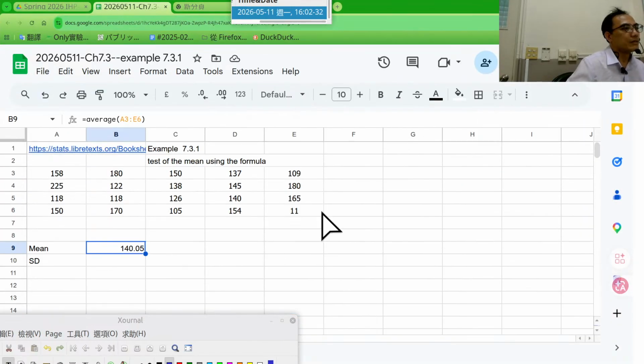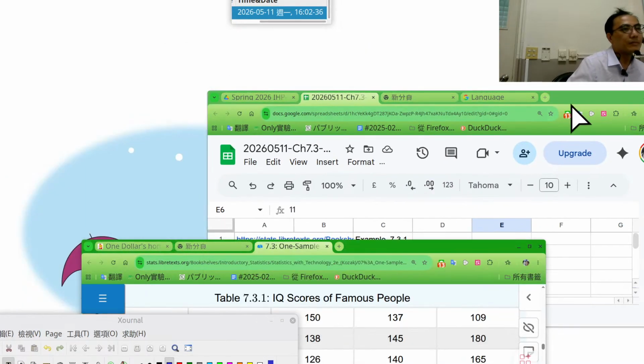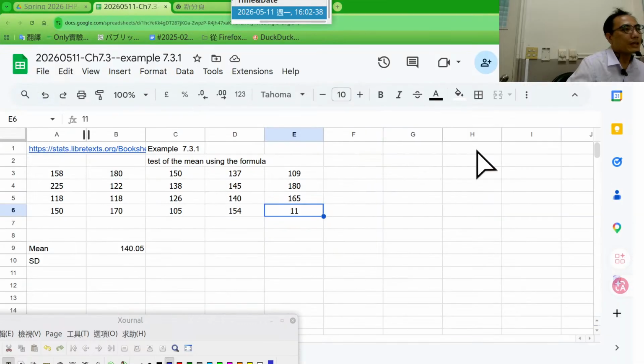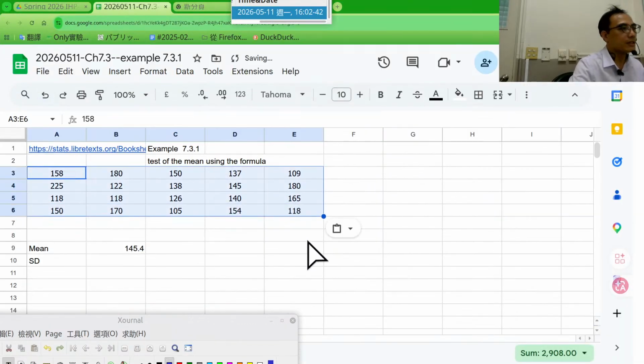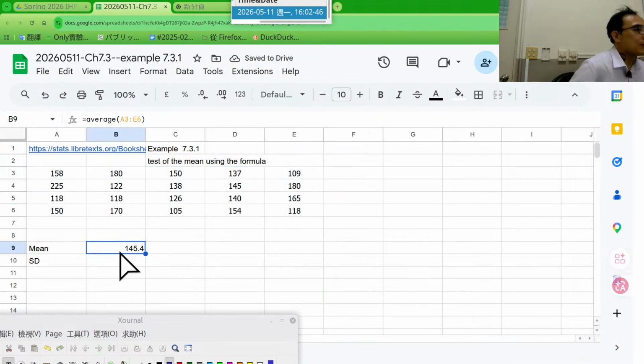Yeah, the last one. Oh, okay. Thank you for the reminder. It's my mistake. After correcting, the calculation is 145.4. Thank you for the correction. Okay, and next, how to get the standard deviation?